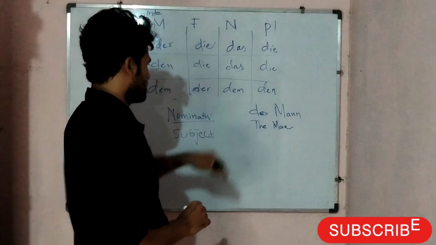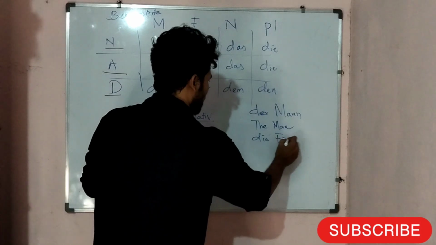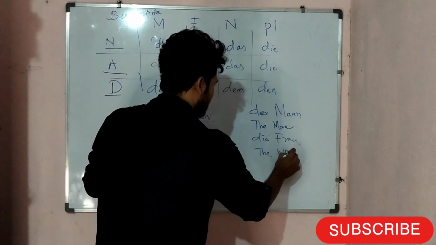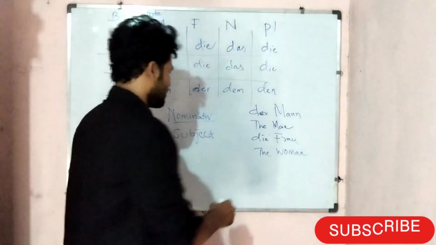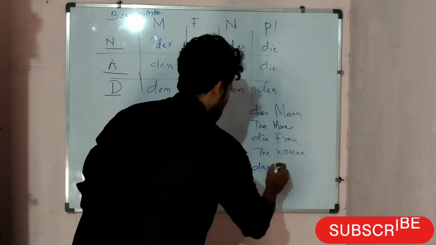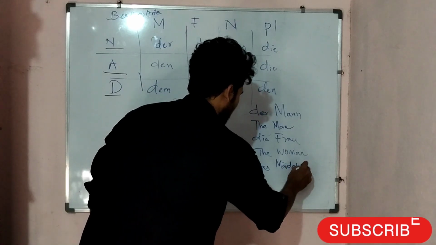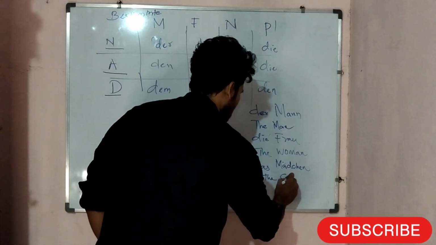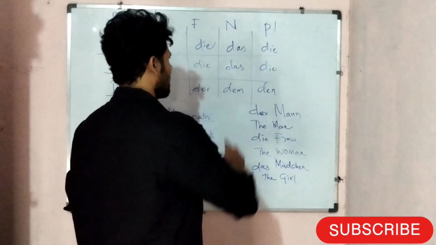Then I have die Frau, which means the woman or a lady. And coming to das Mädchen, M-Ä-D-C-H-E-N, das Mädchen is nothing but the girl. Girl is neuter in German. Woman is feminine.